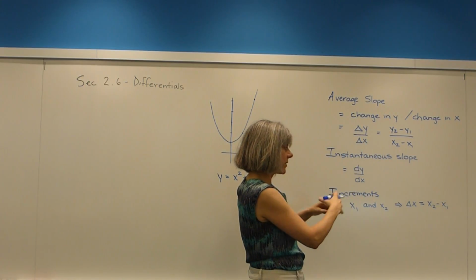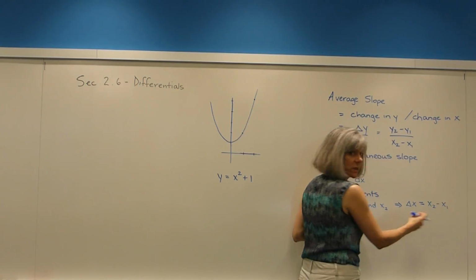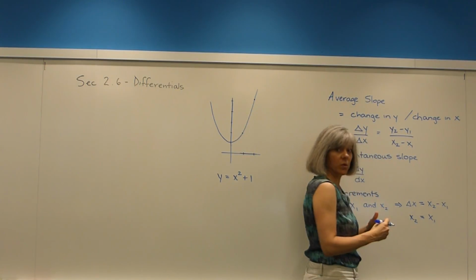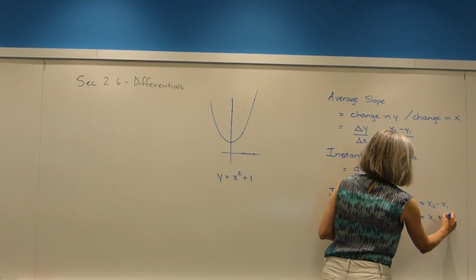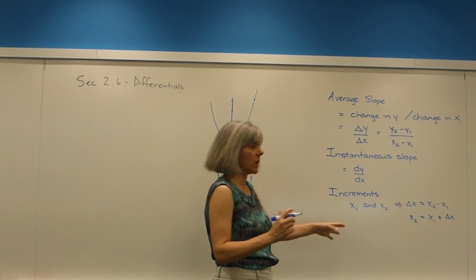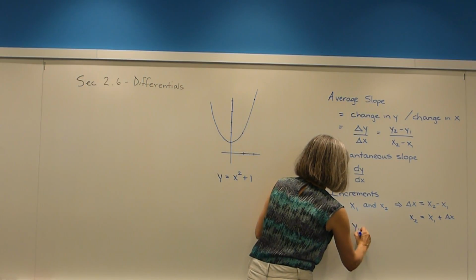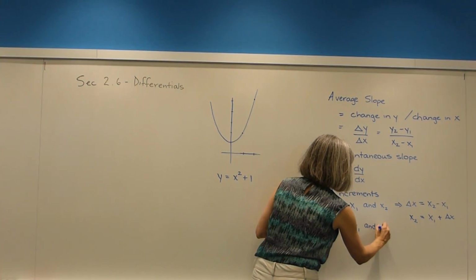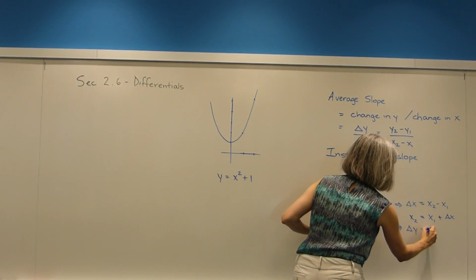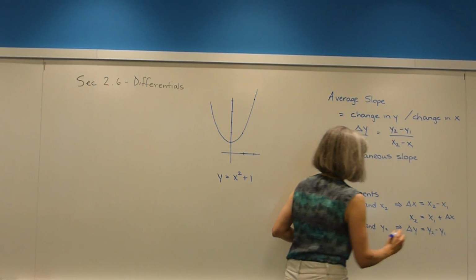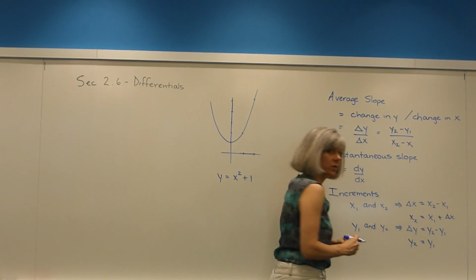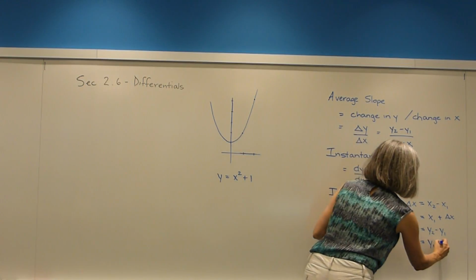Or if we turn that around, if we add x1 to both sides, we can say that our second point is our first point, x1, plus whatever the change was. Okay? And then, of course, we can do the same thing for y. It's the mirror image for y. So if we have y1 and y2, then delta y is just the difference, y2 minus y1. And again, we can get to our second y if we start with our first y and then just add the change.